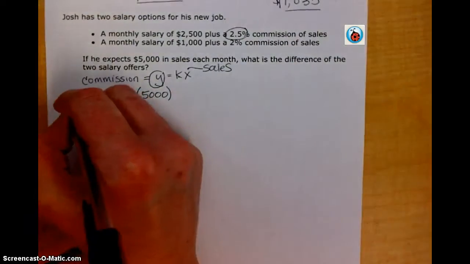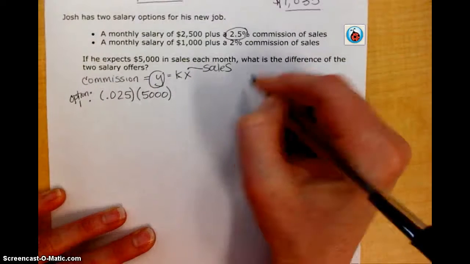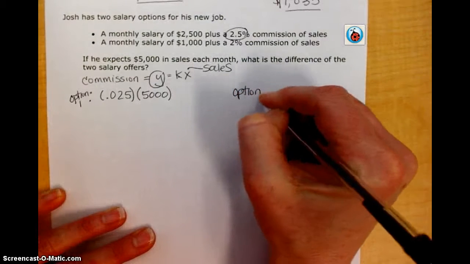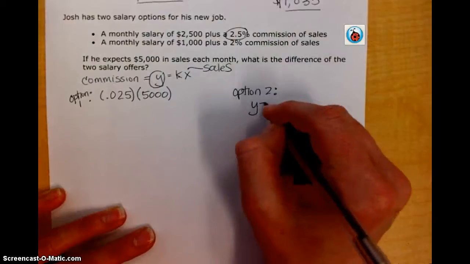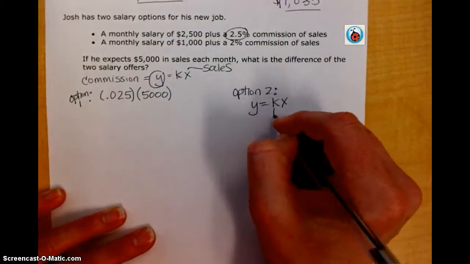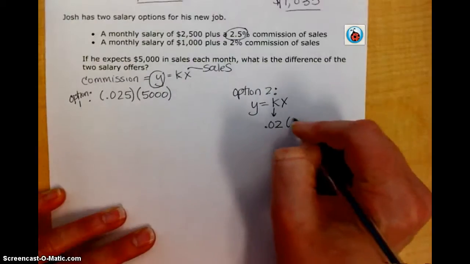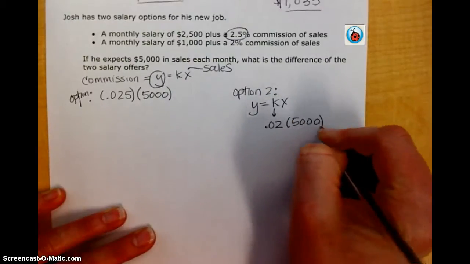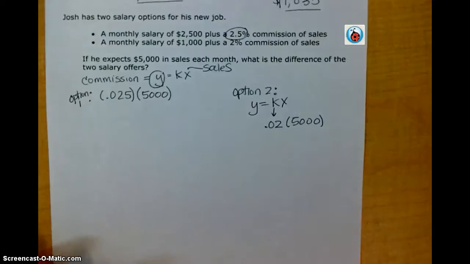This is for option 1. For option 2, I'm going to take y is equal to kx. My commission rate is 0.02, and I'm going to multiply it by $5,000. Take the time to pause your video to do these two multiplication problems.